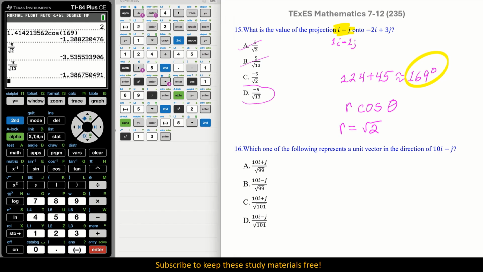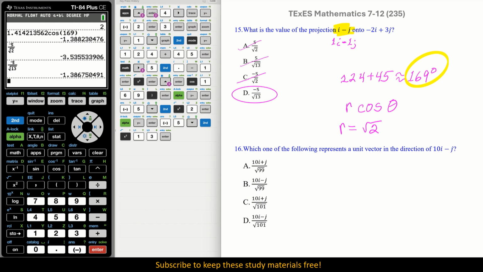I'm saying D is correct. And C, well, C wasn't even close enough. Think about it, A and B were positive, and that's not going to work. We had negative situations. And then we had the square root of 2 as r, but I think that was trying to trick us into trying the wrong thing.